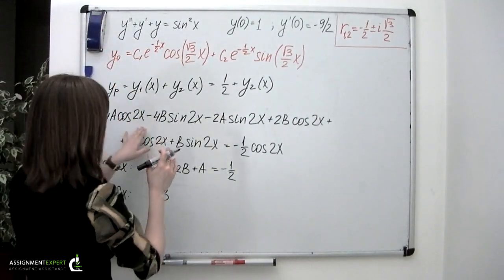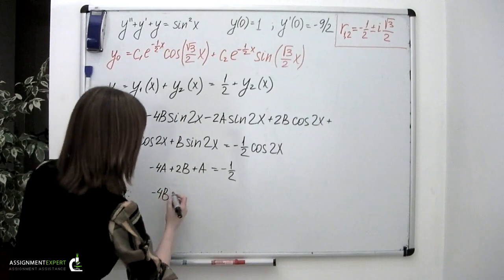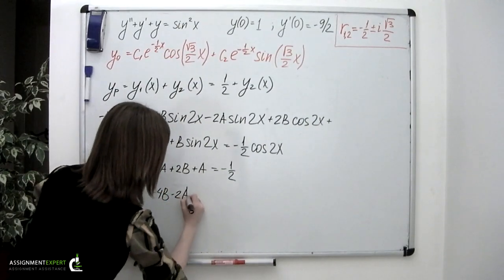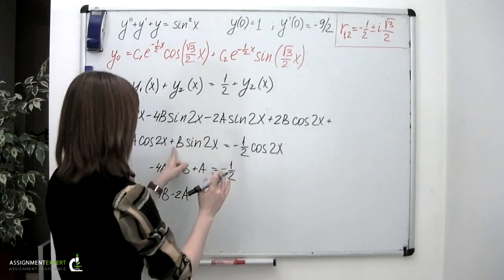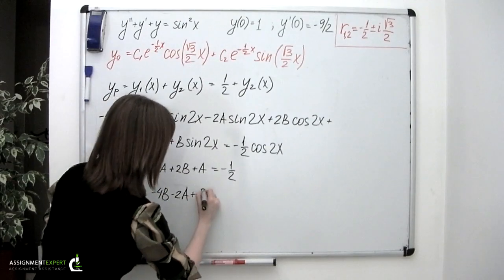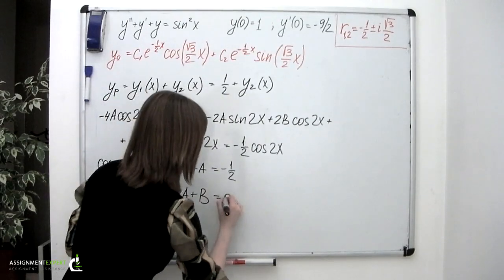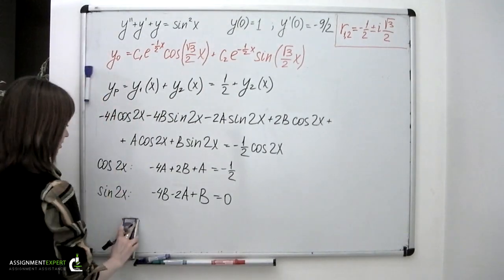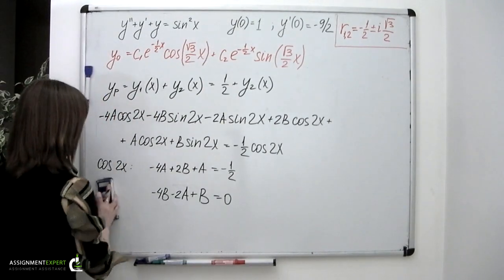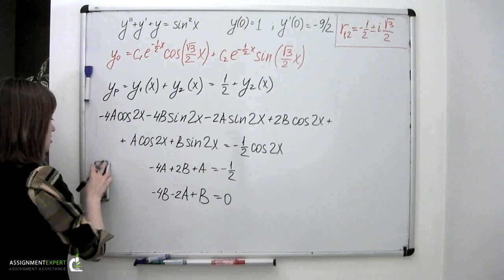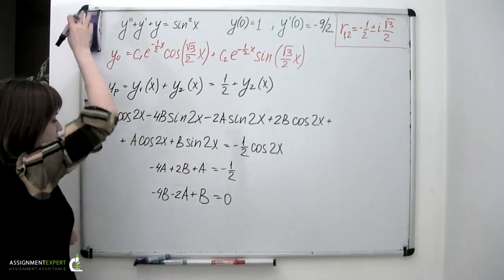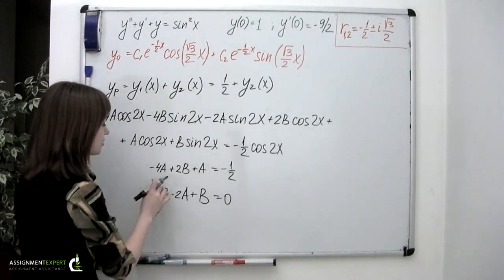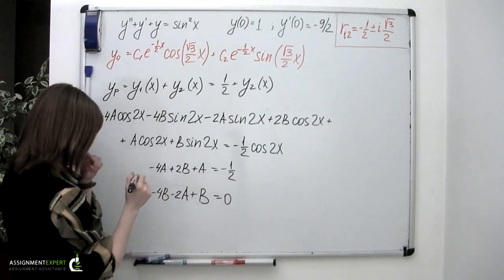Okay, again, negative 2b minus 2a plus b equals 0. This is the system of two equations, out of which we'll find our a and b coefficients.